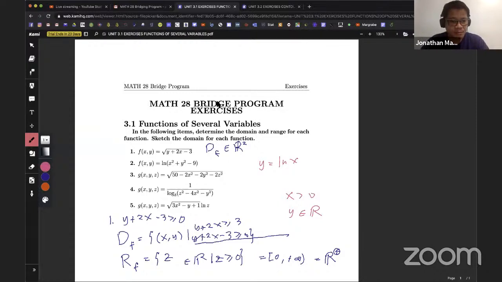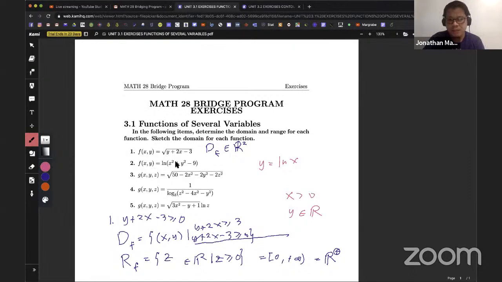May solution po ba sa pagkuha ng range? Kung ang tinatanong mo ay analytic solution, you will just look at the behavior of the function, based on its basis function.